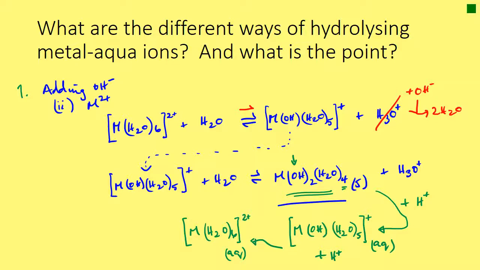So what we've done is we've redissolved that precipitate by adding acid, and what's happened is that the solid precipitate has acted as a base by accepting that proton, and in the process has been redissolved.